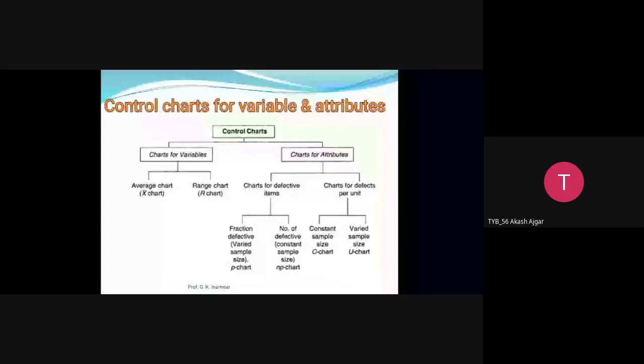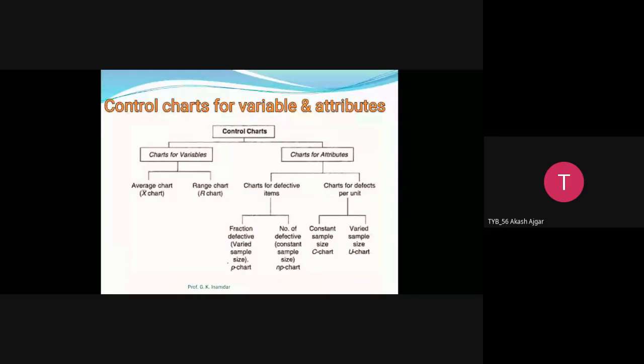Okay, please remember, variable charts means X bar and R chart. And attribute charts are again divided into two types, that is called defective items and defects per unit. Charts for defective items and charts for defects per unit.